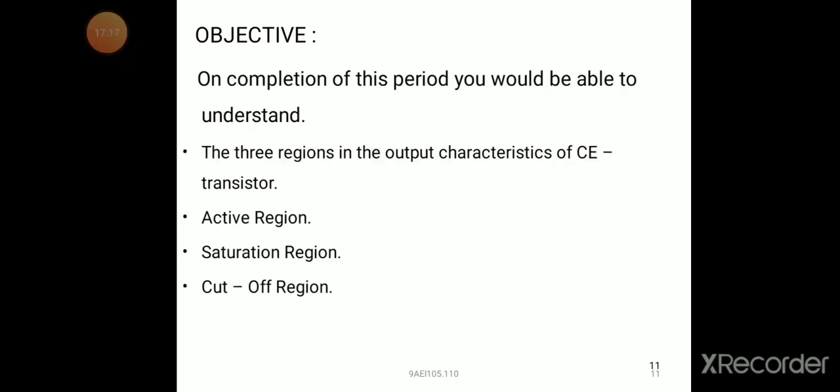So what is the meaning of the operating point? Operating point is nothing but the voltage and current at which the transistor acts as our required device. Those voltages and currents are called the operating point. We need to choose a better operating point. Why? Because the transistor should act as an amplifier over the total characteristics.